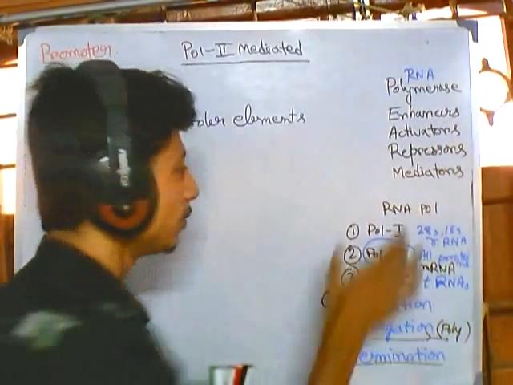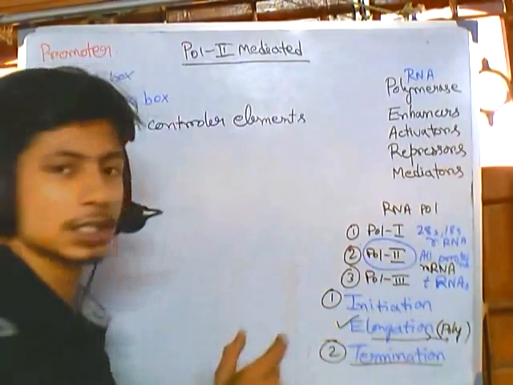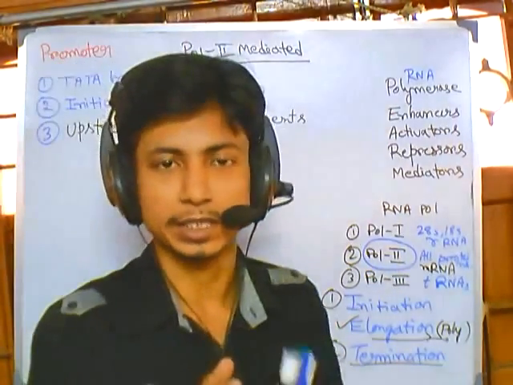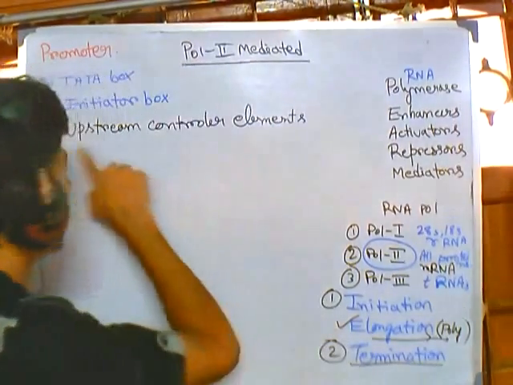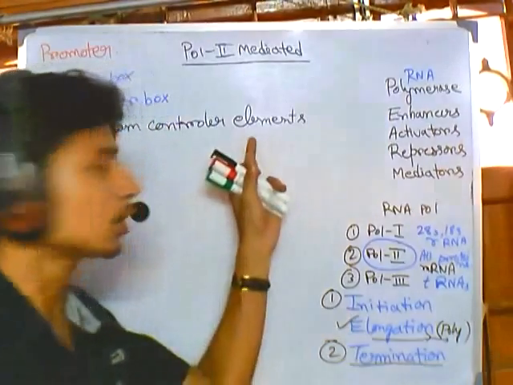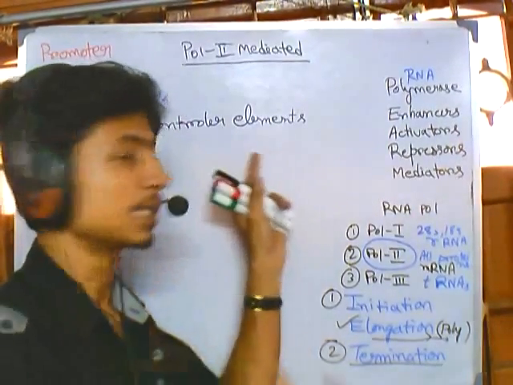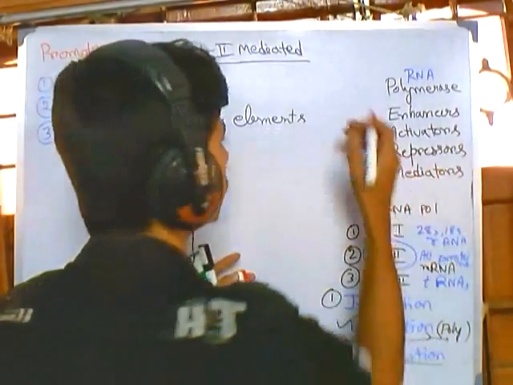This is the basic view for Pol 1 and Pol 3 mediated transcriptions. But in Pol 2 mediated transcription, it is a little more difficult and tightly controlled. Here the upstream control elements have a slightly different function. They will not only recruit those transcription factors, but specialized transcription factors. Remember, we have two different types of transcription factor.